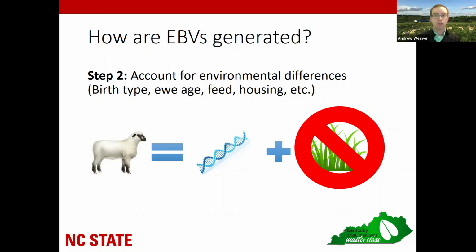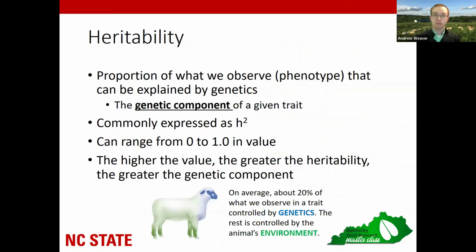Like I said, there are computer systems to do this. The requirement as a producer is to simply collect these records, submit them, and run them through the National Sheep Improvement Program and the LambPlan system. The statistical analysis is done for us, and we simply get those breeding values back.